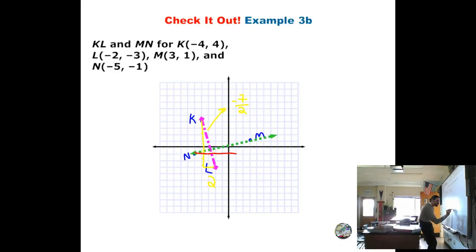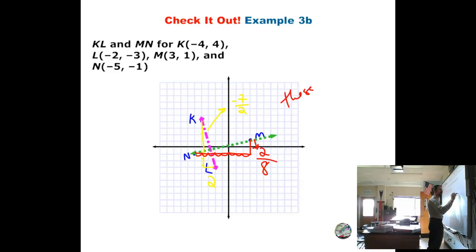Again, let's do the same thing here. How far am I going up? I'm going up 2. How far am I going over? 1, 2, 3, 4, 5, 6, 7, 8. The slope of this line is 2 over 8. The slope of this one is negative 7 over 2.